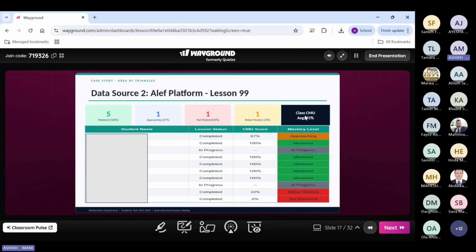One scored 0% and the other scored 33%. If I only see the average, it will be difficult for me to understand who is able to understand the lesson or not. So after this, I again use the RAG framework and I will focus on the students who are at risk.